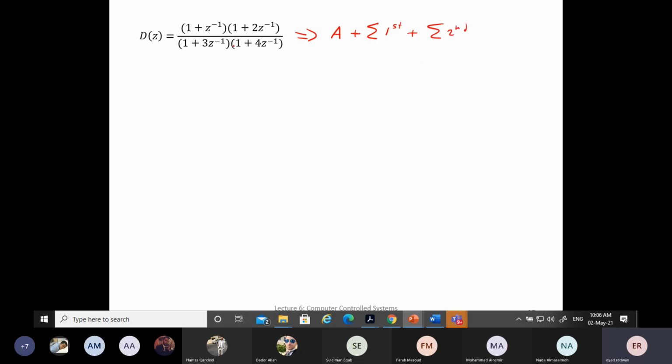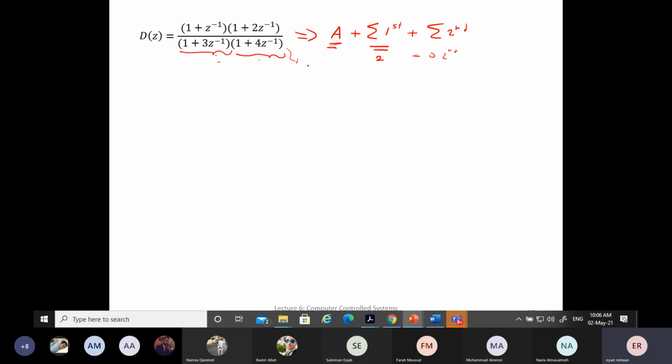Now, I can see from the pulse transfer function here that I have a first order in the denominator and a first order again in the denominator. Therefore, I have to write this as a constant plus first order terms, two of them, plus 0 second order terms. Meaning there are no second order terms.